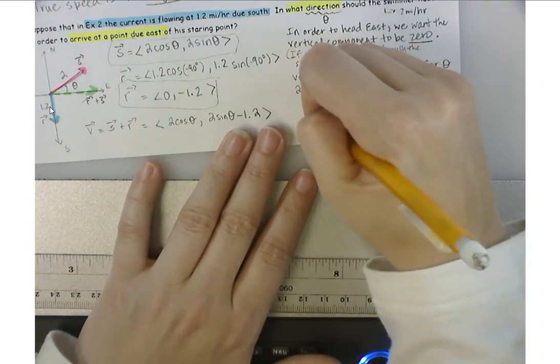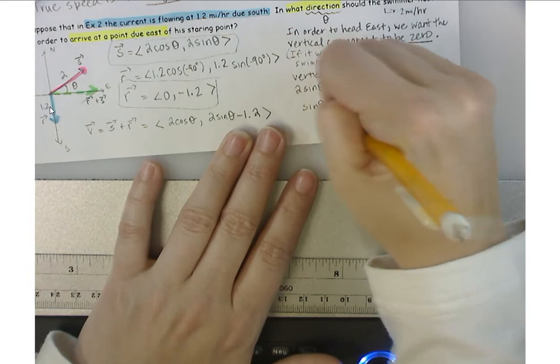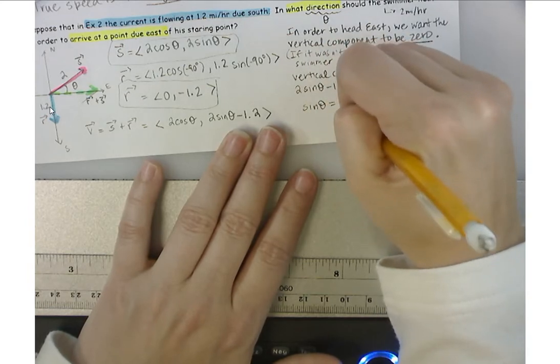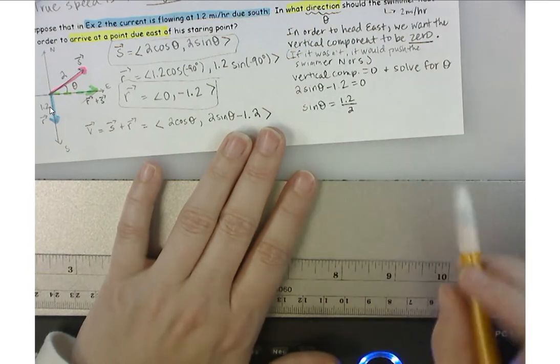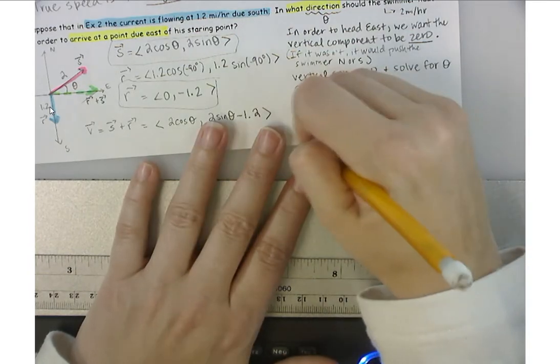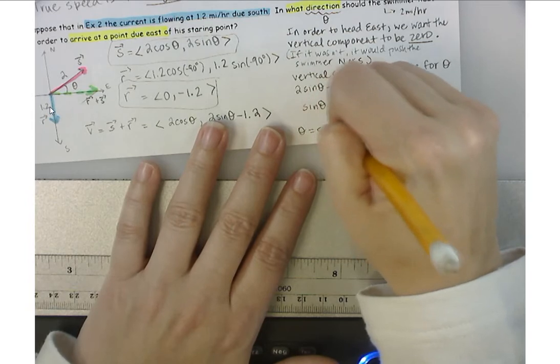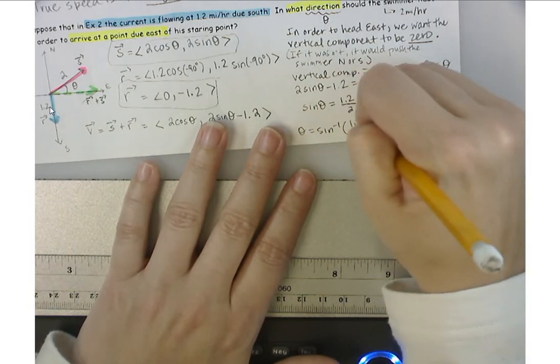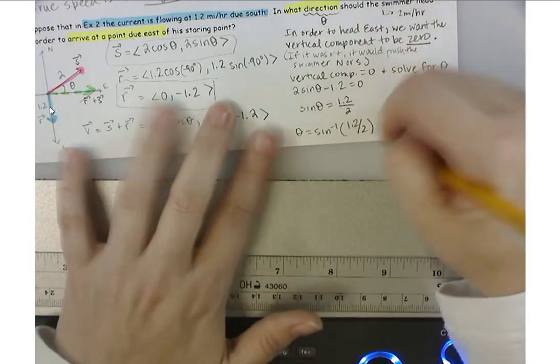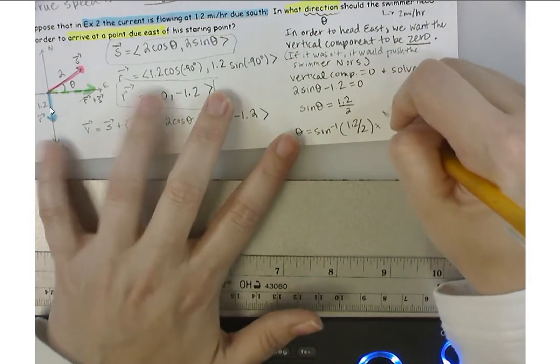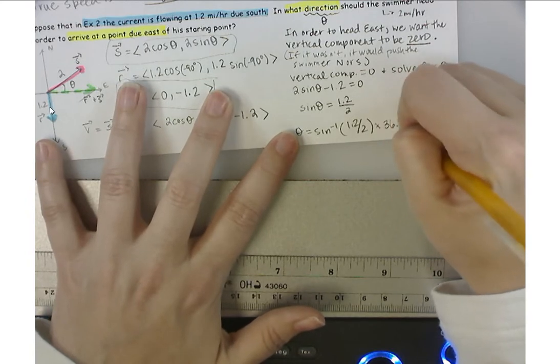So is it okay if I just put sine of theta equals 1.2 divided by 2? Okay, so then to find theta, you're going to do the inverse sine of 1.2 over 2. Again, make sure you're in degree mode. And you should get 36.7 degrees.